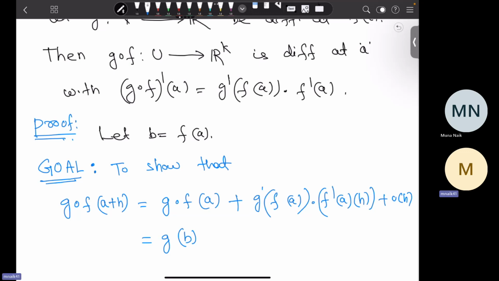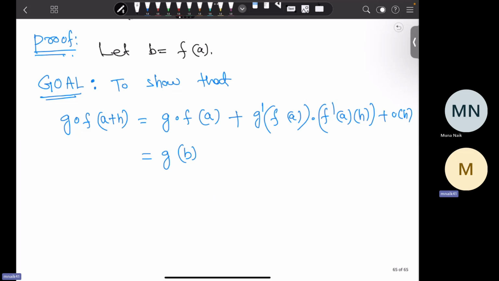So our goal is to show this thing: G of B plus G'(B) composed with F'(A) applied to H, plus little o. If we can show this, then the proof is clear.